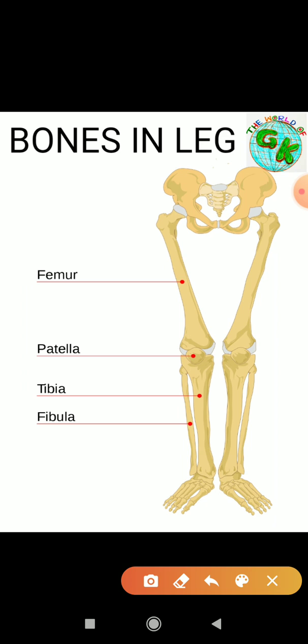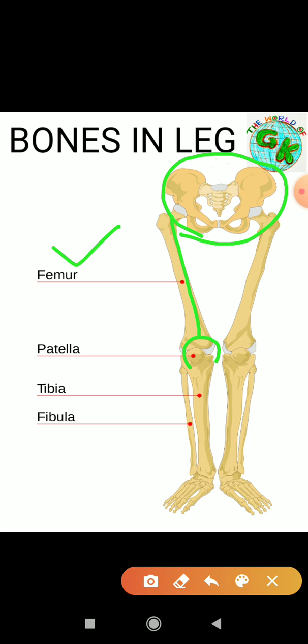Next, let's see the bones in leg. Here, your pelvic bones are there. Then, coming to femur. Femur is the bone in your upper leg and femur is the longest bone in human body. Next is patella.